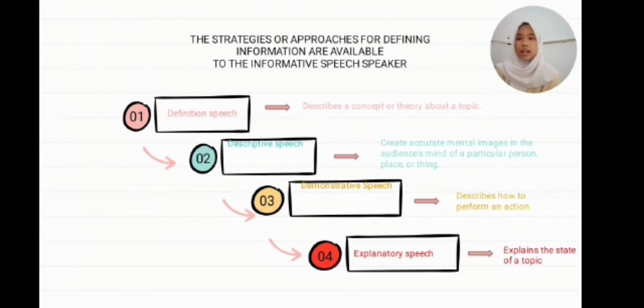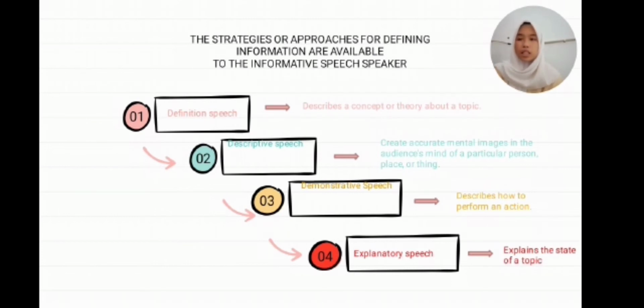Let's move to the next slide. The strategies or approaches for defining information are available to the informative speech speaker. There are 4 points. First, definition speech describes a concept or theory about a topic.